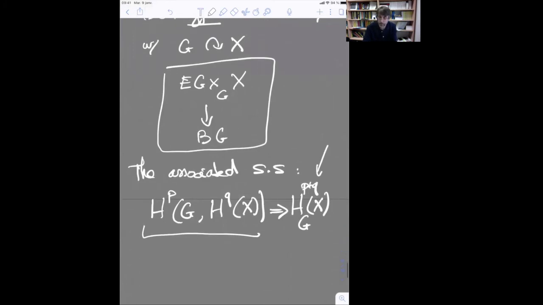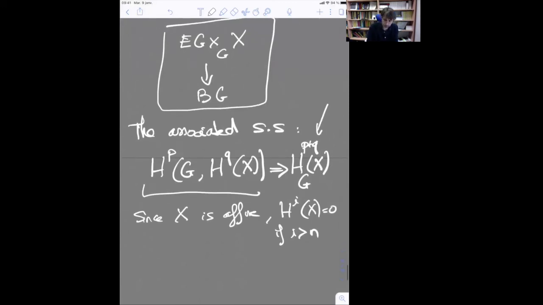But now, since we have assumed that X is affine, the cohomology of the fiber is 0 in degree bigger than its complex dimension. So it's 0 in degree bigger than n.